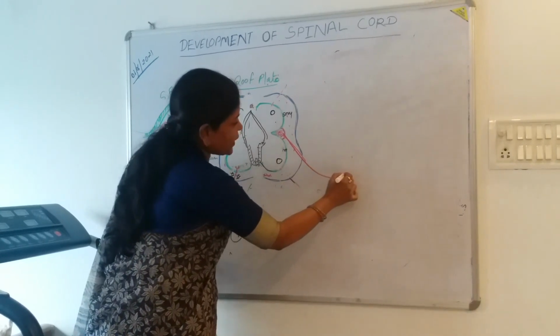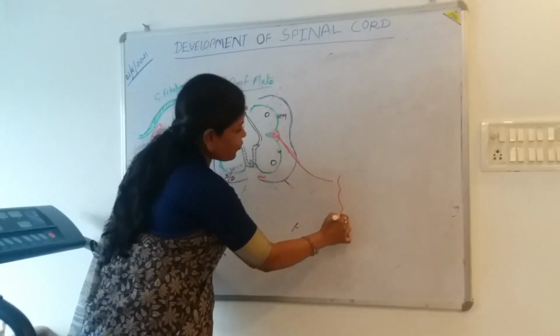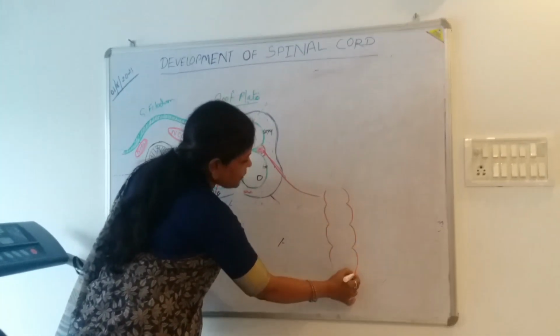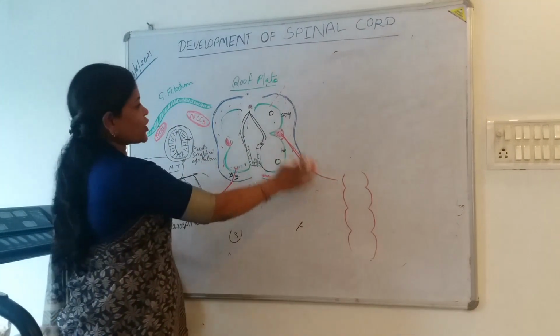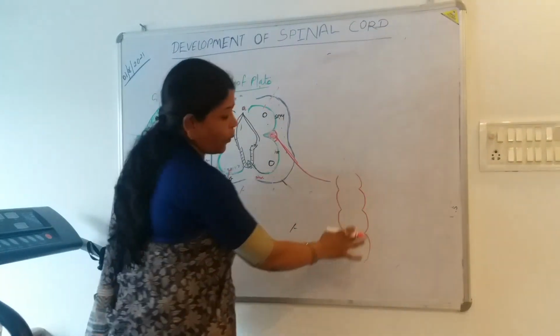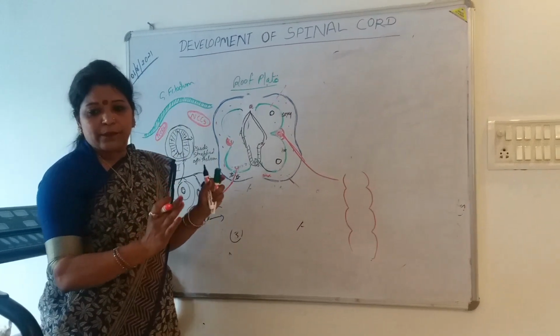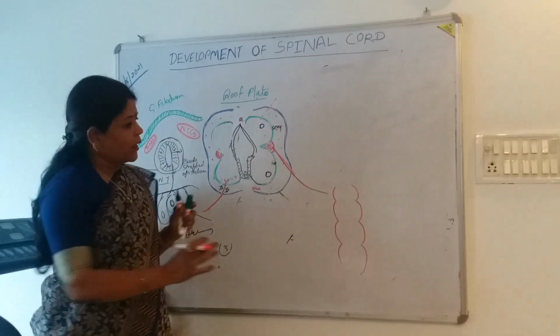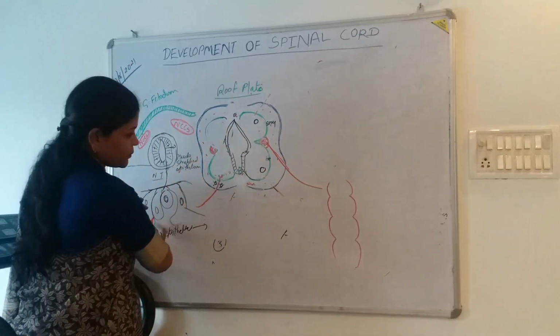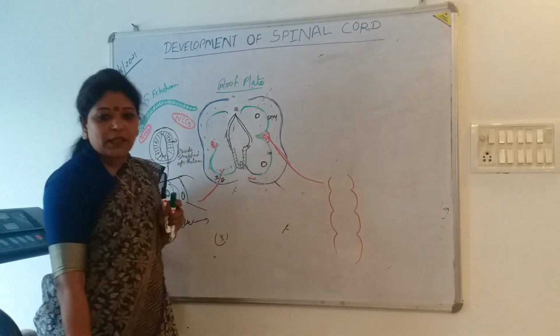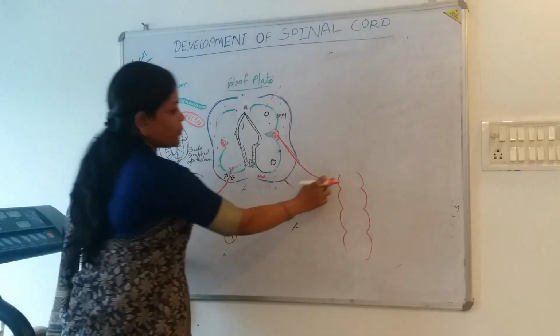The preganglionic sympathetic fibers. And where are they relaying? In the sympathetic ganglia, which are present along the whole length of the spinal cord on either side. Yes or no? On either side of this spinal cord, there is a column, the sympathetic chain, which is present.